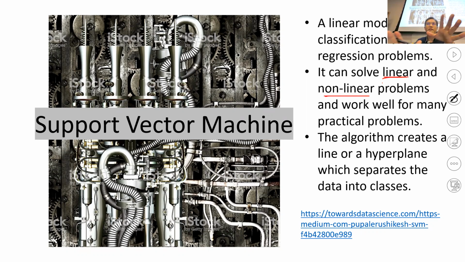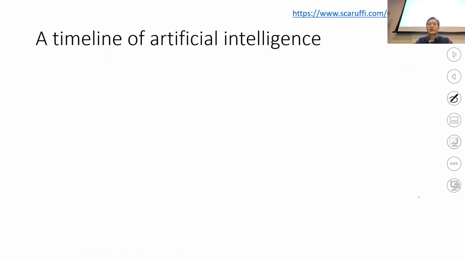We will see how it can separate data points that are not linearly separable, but you can use this SVM machinery to solve the problem. There are transformation functions you apply before SVM to help with nonlinear separable problems. It will create a line or hyperplane depending on the dimensionality, to separate data into classes. So that's a very quick introduction.